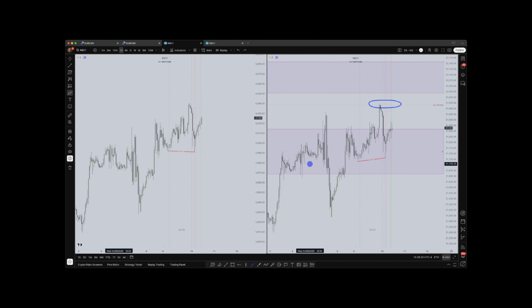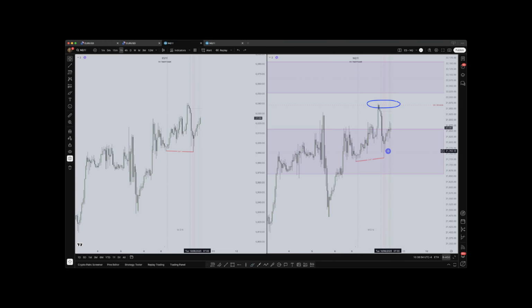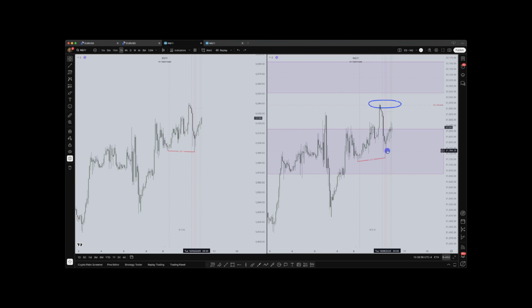So that's why for me this SMT divergence was also bullish. Nasdaq didn't show interest to take this low, while yes, we grabbed liquidity and then, okay, so this is one thing you should keep an eye on.